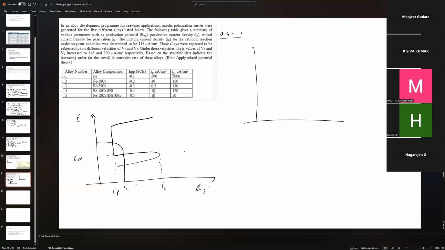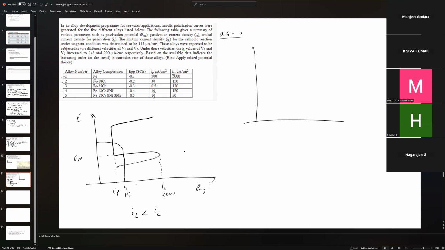So for the first one, this is 115, we just assume, and this is 5000. So the IL is much less than the critical current density.